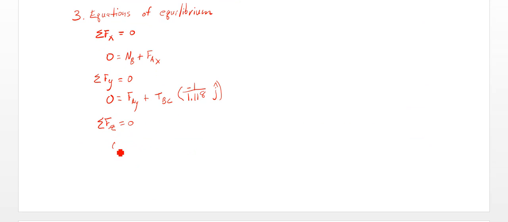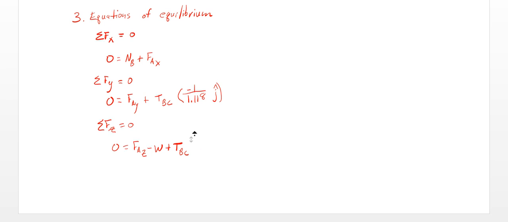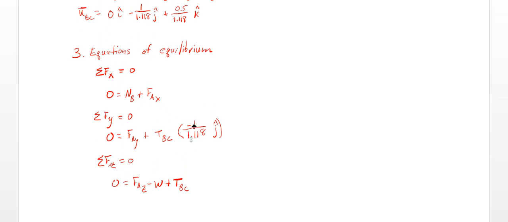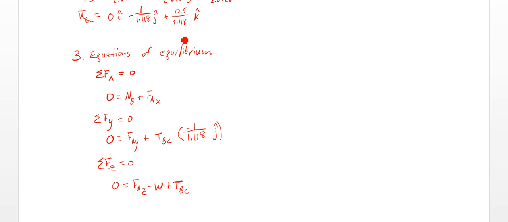So we have 0 equals FAZ minus W plus tension BC times the K component of that unit vector, which is 0.5 over 1.118. And so we've got those three.